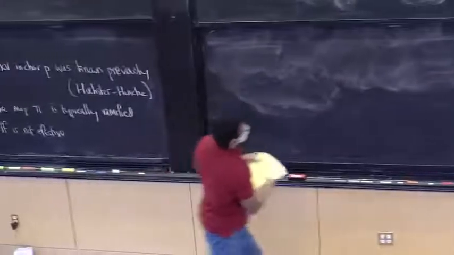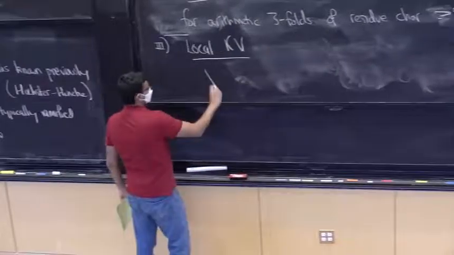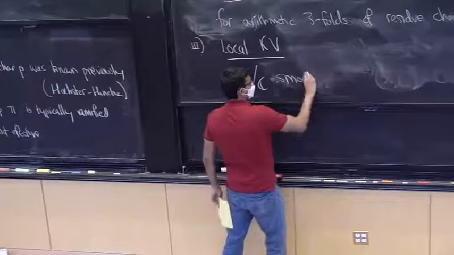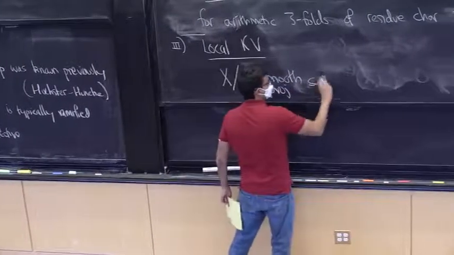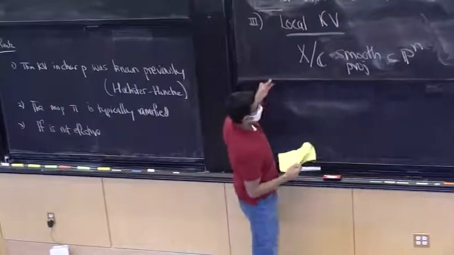Maybe the picture can fit over here. So let's say this is over the complex numbers. Let's say X over C is a smooth projective variety. It's actually embedded inside projective space. I guess it won't fit, okay.